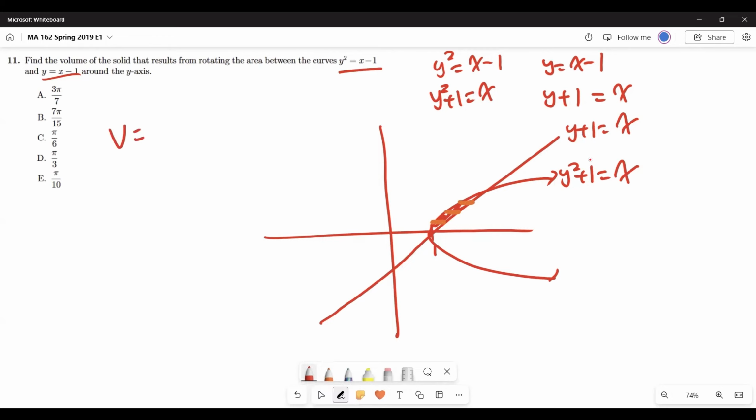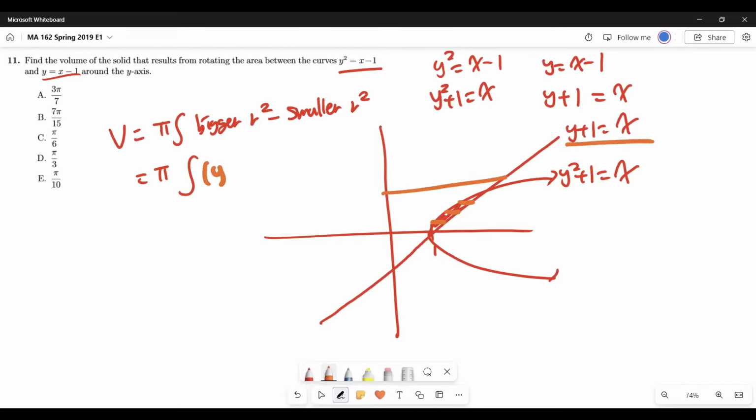So the volume by the washer method is pi times bigger radius squared minus smaller radius squared. So the volume is pi times the bigger radius, which is further to the right, this line, y plus 1, so y plus 1 squared, minus the smaller radius, which is the curved line, y squared plus 1, squared, dy.